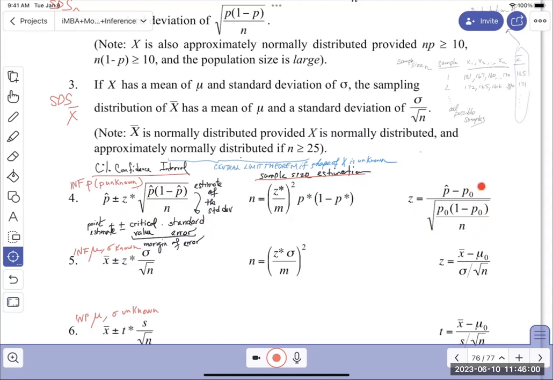And then what's happening over here on the top? What is Z? How do we get Z? Z is equal to X minus mean divided by standard deviation, right?